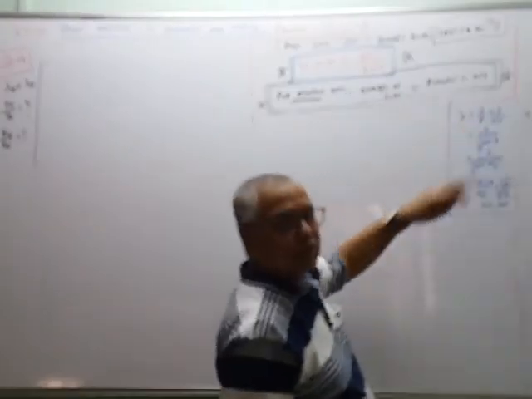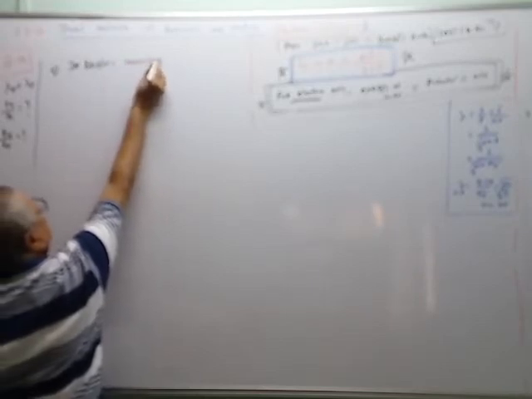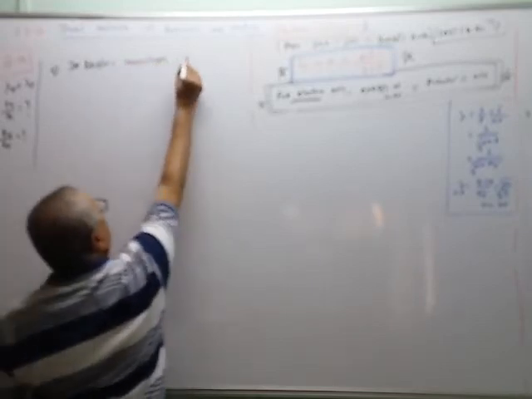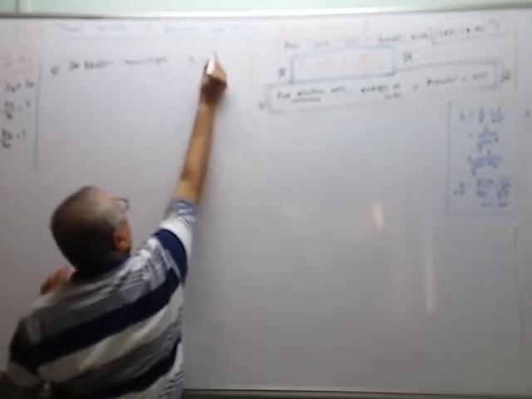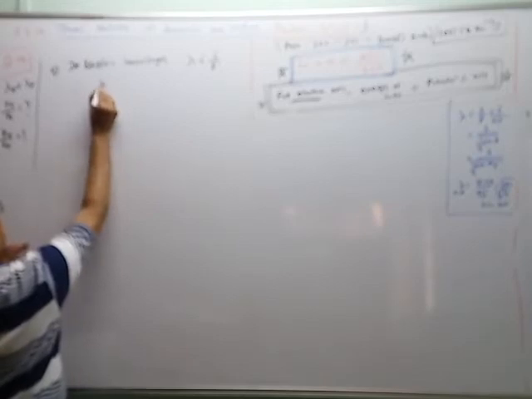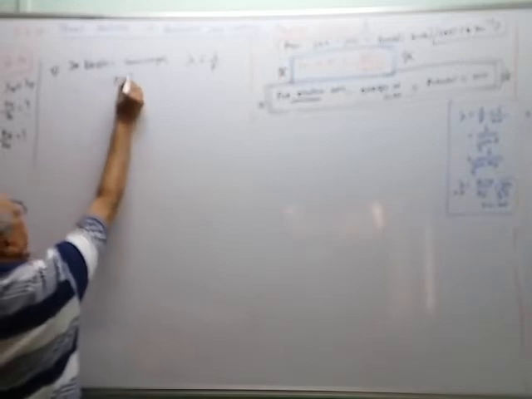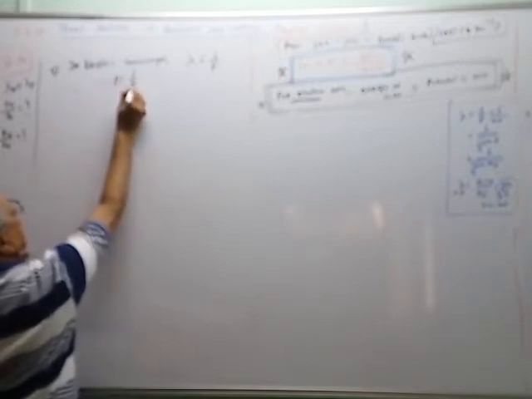So first we will use the formula in terms of momentum. A part. De Broglie wavelength lambda is equal to h by p. Therefore p is equal to h by lambda.